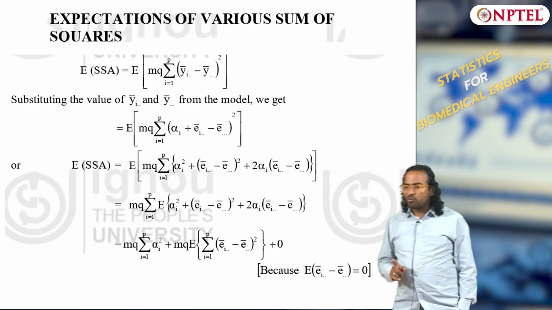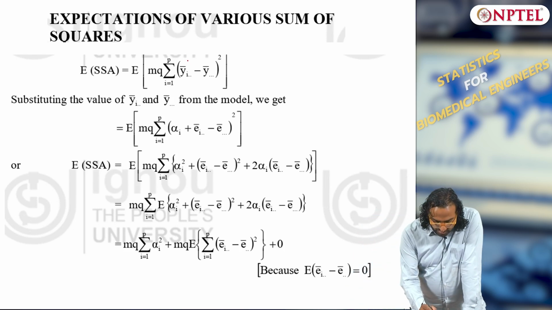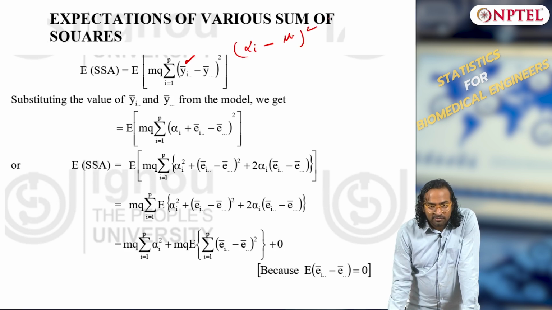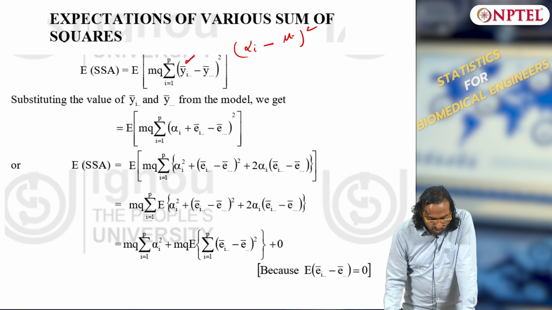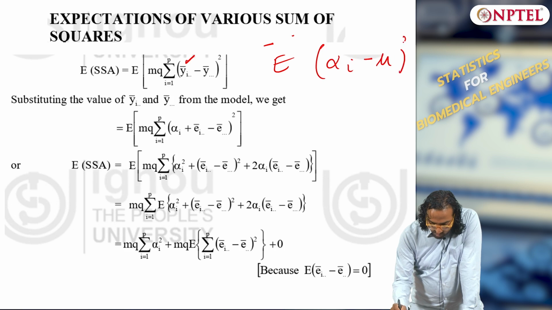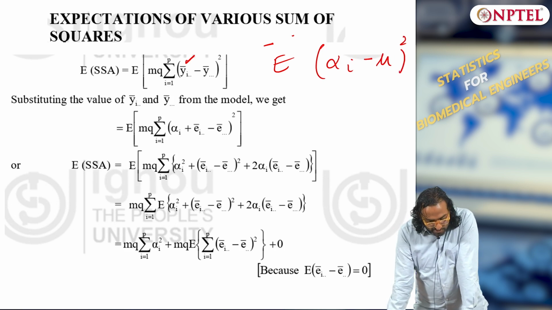What is the sum of squares due to A? It is the estimate alpha i minus mu the whole squared, summed over i. So you have the expectation of alpha i minus mu the whole squared, and what is the total number of data points?